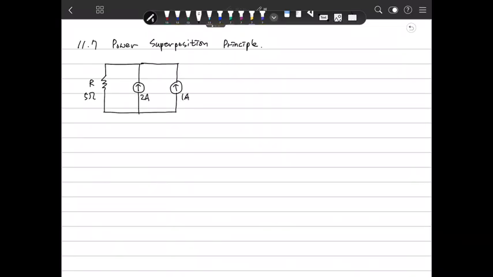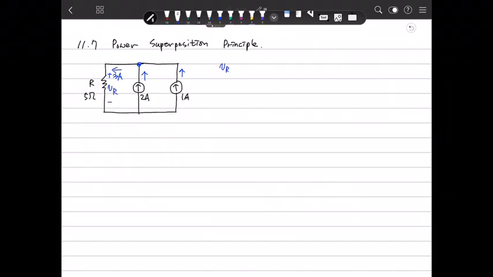Then I want to solve the DC circuit. How can you do that? We can make the node, so this current, because this is 2 amperes, this is 1 ampere, so there will be 3 amperes. Therefore the voltage here is VR.